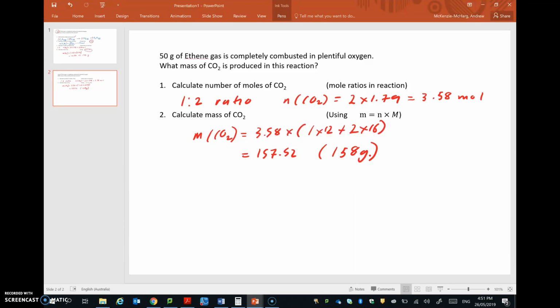One of them's a combustion type reaction, which is really similar to this one. The other one is a precipitation reaction. Now, that might throw you a little bit, but let's give it a go and see if we can figure it out. It works all the same way, but we just have a different reaction at the beginning. Okay, thank you.